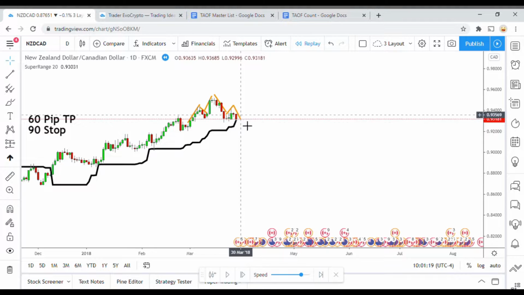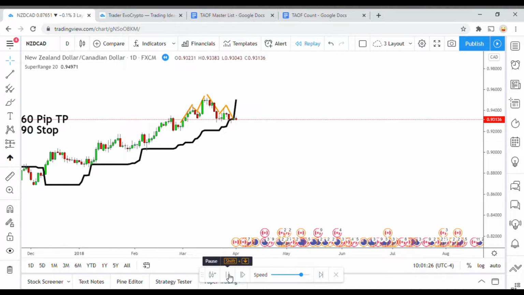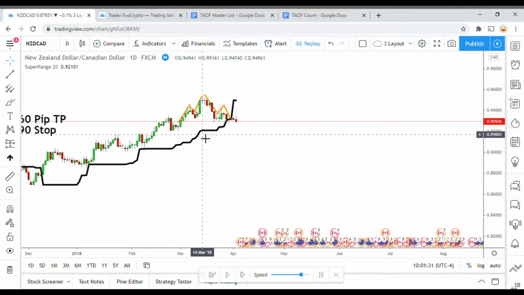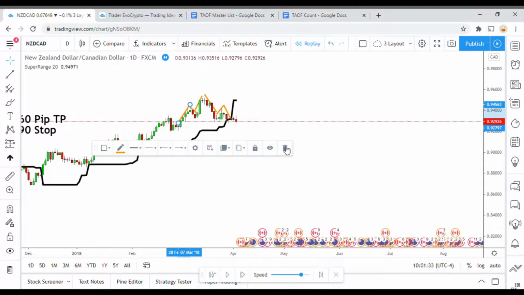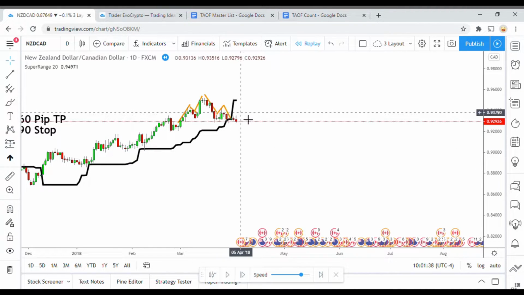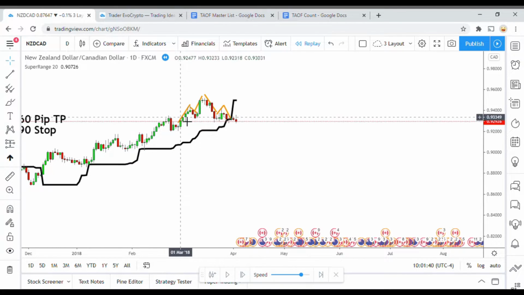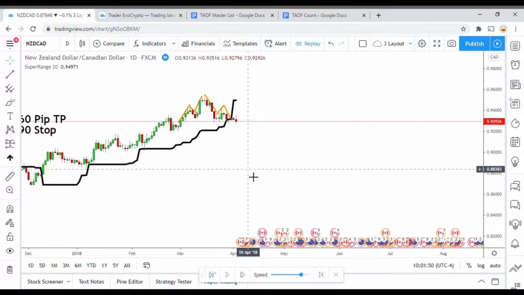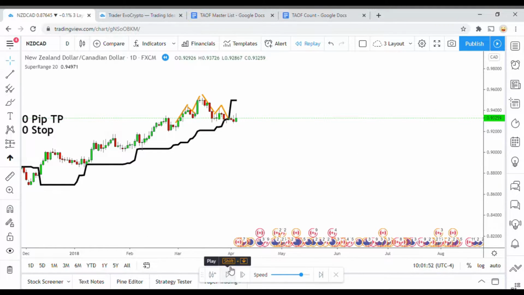And then to top it off, you can see here, looks like we are about to break through the super range. There it is, right there. And so here's a very good example of when I say that the price reading, the chart reading, price action should accompany your indicator.